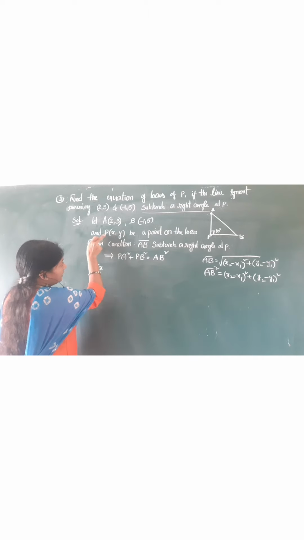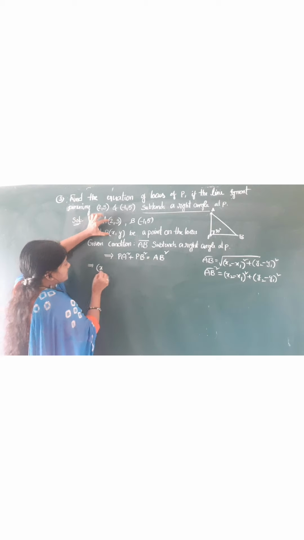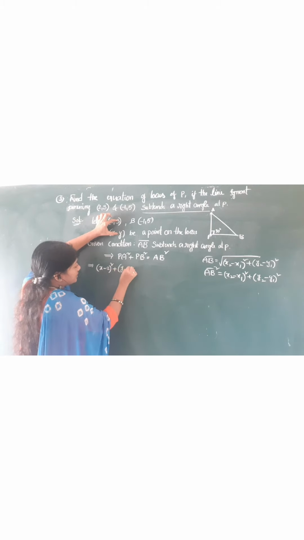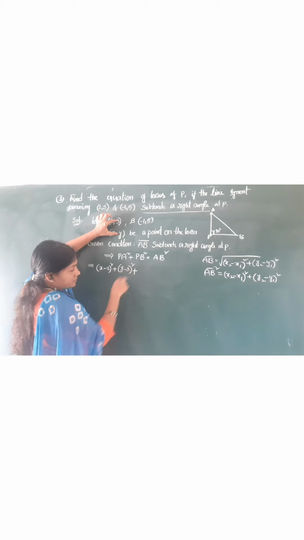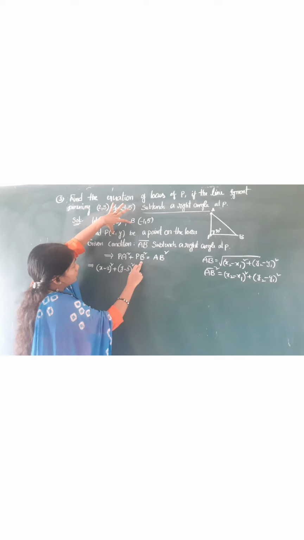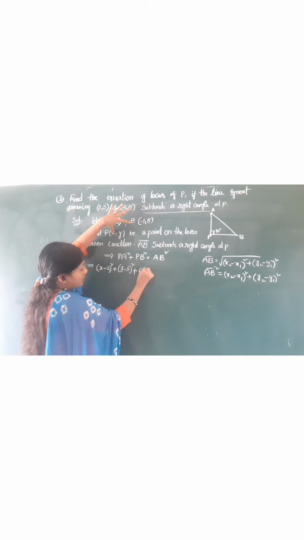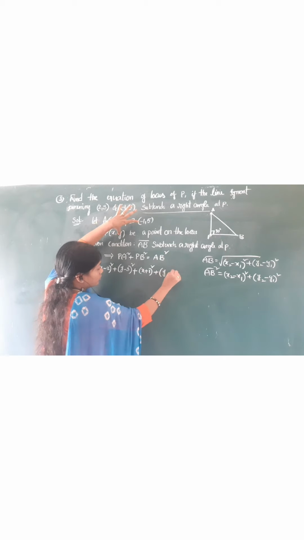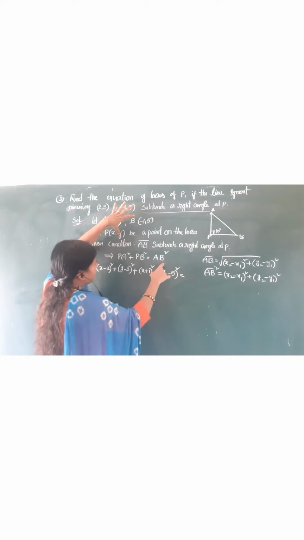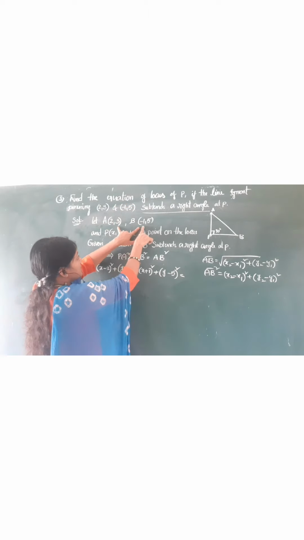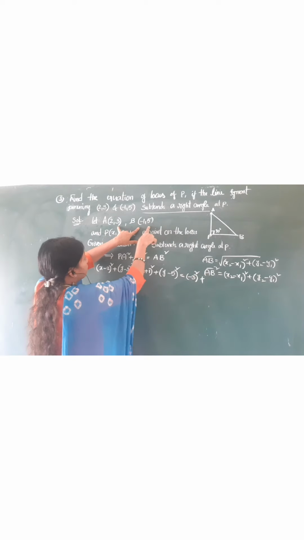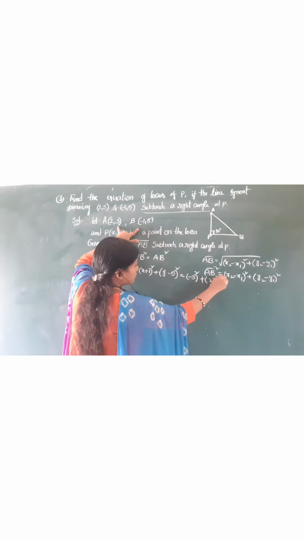So directly I am taking the PA square value, the difference of x coordinates. PA: x minus 2 whole square plus y minus 3 whole square, plus PB: x minus of minus, x plus 1 whole square plus y minus 5 whole square. Now AB: minus 1 minus 2, that is minus 3 whole square, plus 5 minus 3, that is 2 whole square.